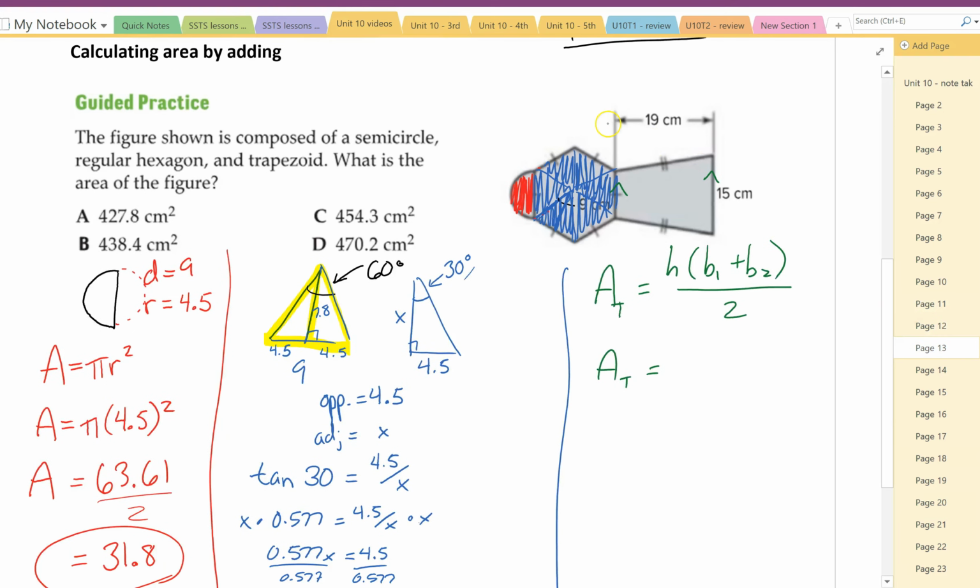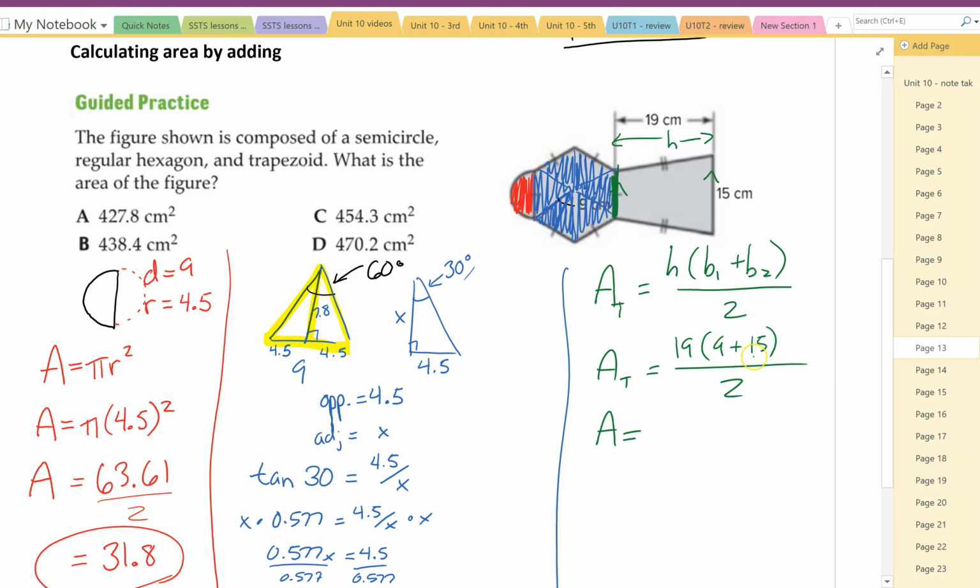The height of this trapezoid is going to be this one, right? The height is the distance between the two bases. So it's going to be 19 times 9, which is this base right here. How do I know that's 9? Well, if you remember, each side of that hexagon is 9. The other base is 15. And then I'm going to divide all that by 2.